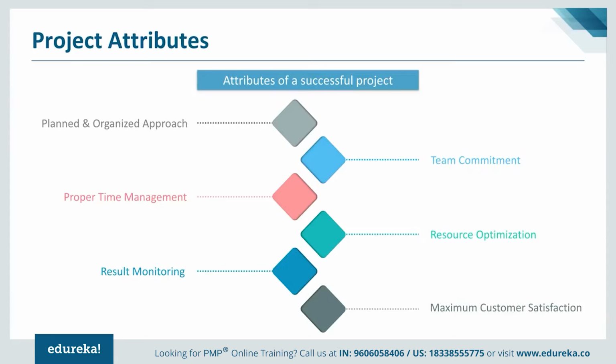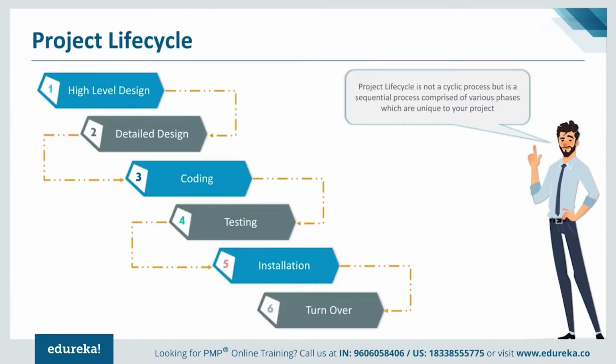The handover in the projects is done to the operations team, the team who is actually going to manage your product or a service or a result, so that effective handover has also been done. So all these things have been taken care of. So that means definitely some of these attributes of a successful project, you can look into that project that you worked upon. So moving from here to the next important part.